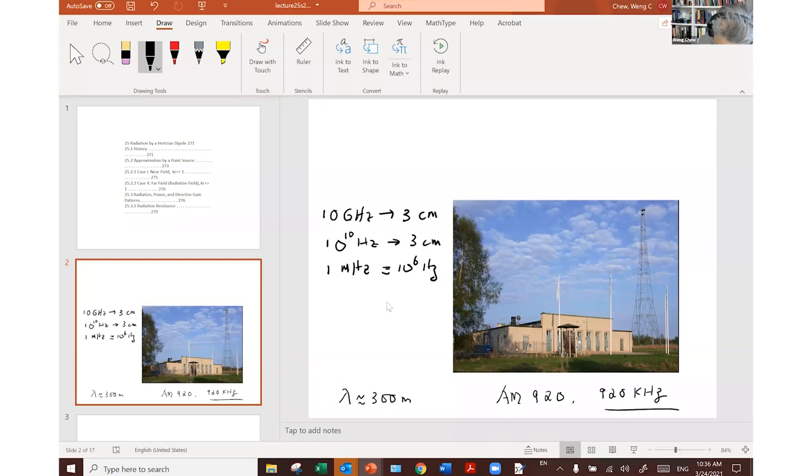So if you compare these two frequencies, one of them is 10,000 times higher than the other frequency. Hence, if you go to 1 megahertz, then the wavelength should be 10,000 times longer. So you have 30,000 centimeters, and then it would be 300 meters.